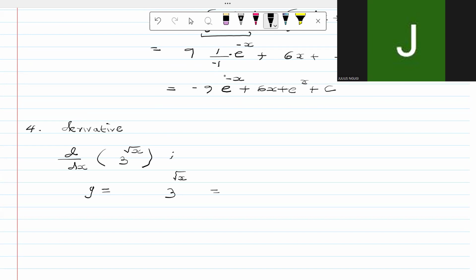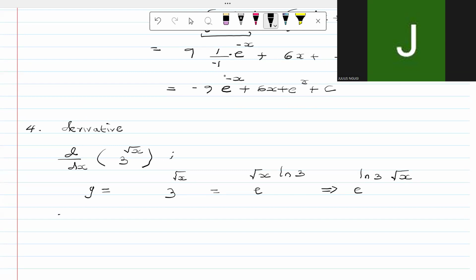this can be written as e to the power of root x, then you attach natural logarithm of 3, because observe e to the power of natural log of 3 is just 3. And then if you put root x there, it's just 3 to the power of root x.